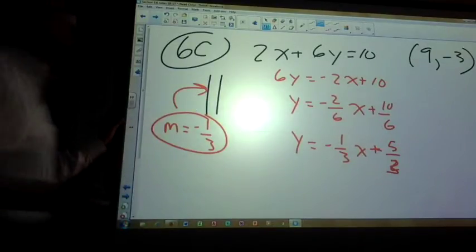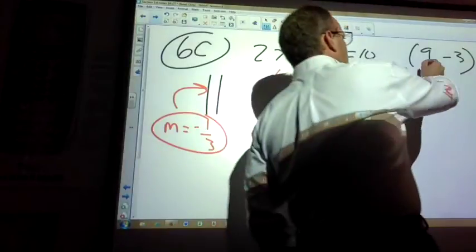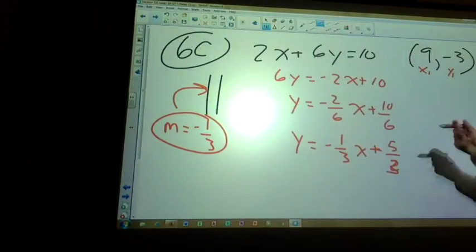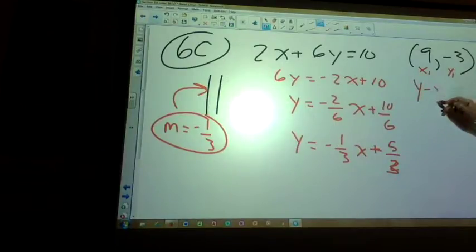Agree? If I use this point, I'm going to call this x1 and y1. If I wanted to find the point-slope form, I'd go y minus y1 equals m times x minus x1. So I get y plus 3 equals the slope of negative 1/3 times x minus 9. Find the equation in slope-intercept form, so I need to solve for y.